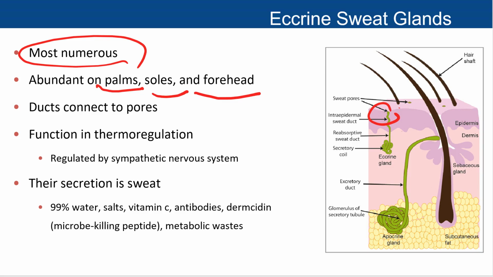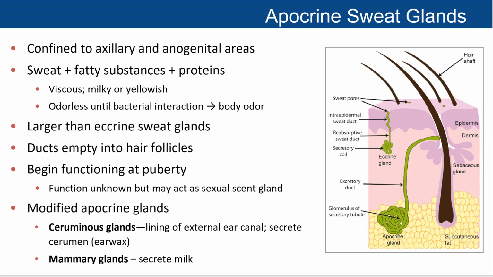They regulate body temperature, so their function is important. They are involved in thermoregulation. Their secretion is sweat, which is 99% water, salts, vitamin C, antibodies, and dermcidin, which is a peptide killing microbes, and also sweat is the way that we can eliminate our metabolic waste.